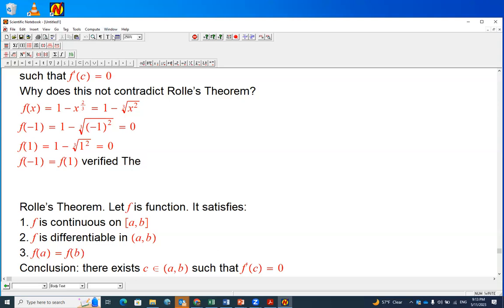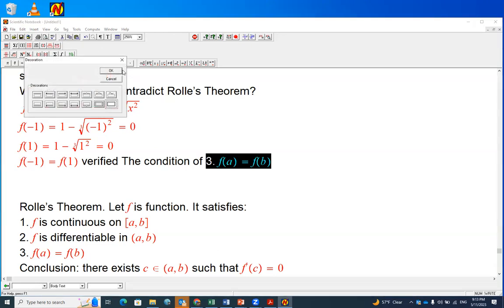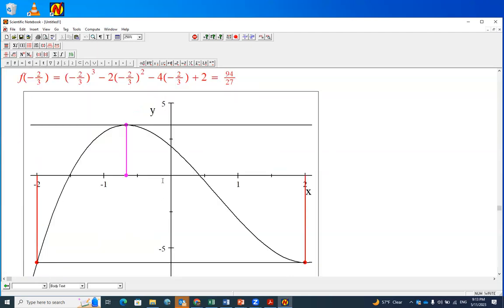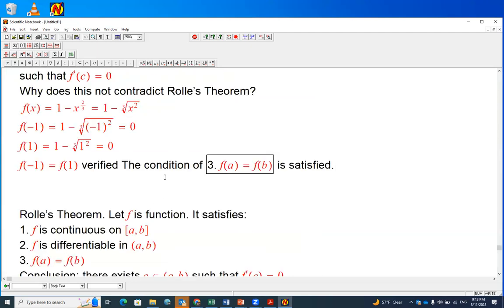The condition of f of a equals f of b in Rolle's theorem is satisfied. Should we just go ahead without verifying the other two conditions? Maybe not, right? So we should also look at the other two conditions.